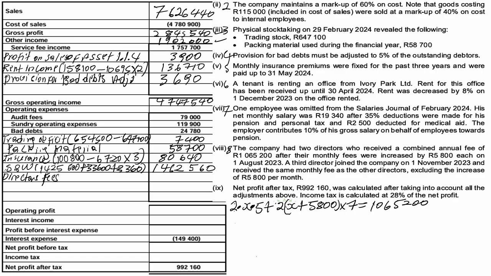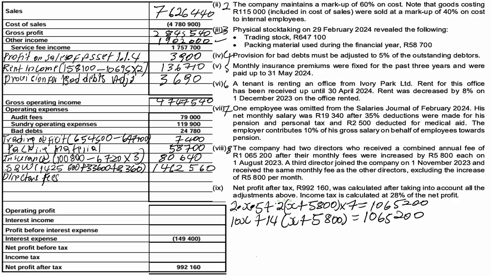1,065,200. Okay, so 2 times x times 5, we're going to have 10x plus 2 times 7, which is 14, and then we still have x plus 5,800, which equals the director's fee that we have there.